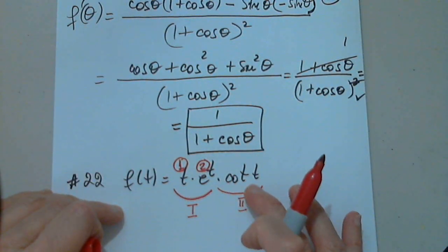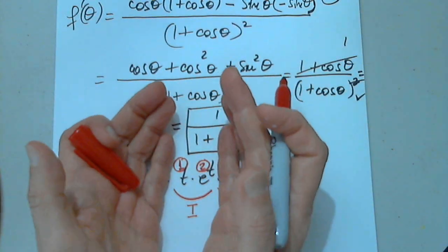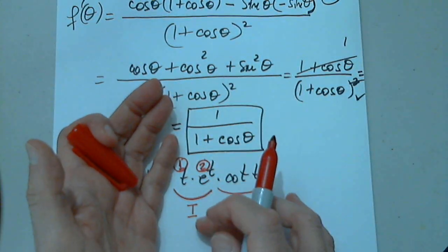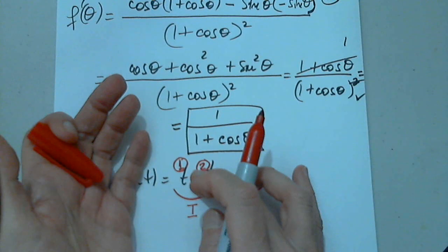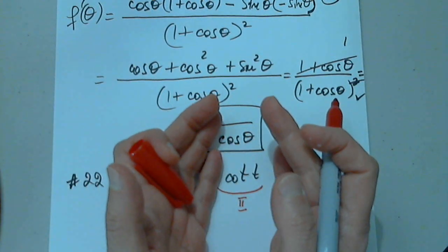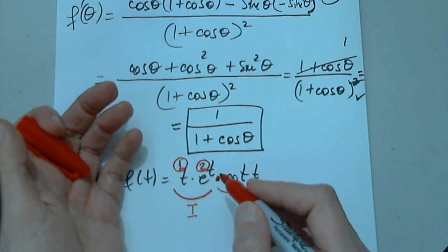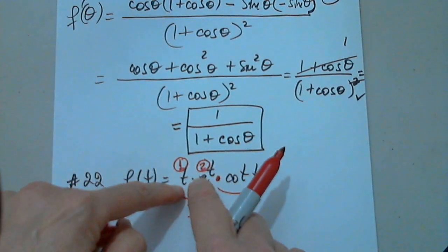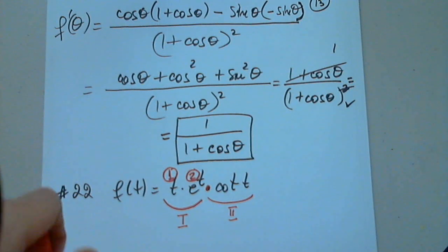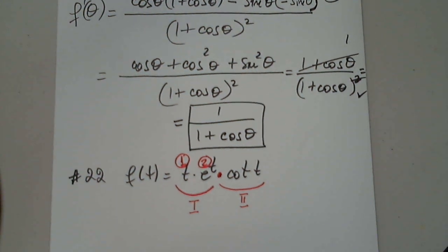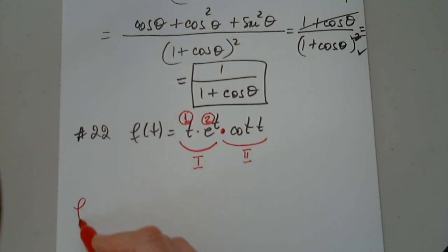1, 2, 3. I either group the first 2 and say this is my function 1, and I choose the last one as function 2, but remember I have to use the product rule. So I will use the product rule, and inside function 1, I have to use the product rule again. So, f prime of t.